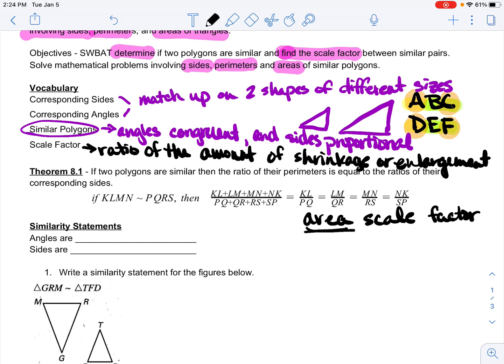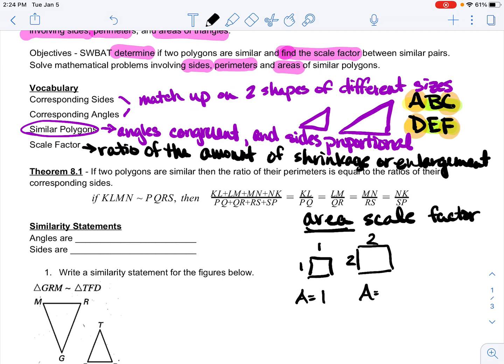So if we double the size of a shape, if a square goes from being a 1 by 1 shape to being a 2 by 2 shape, the area, 1 times 1 is 1. 2 times 2 is not 2.